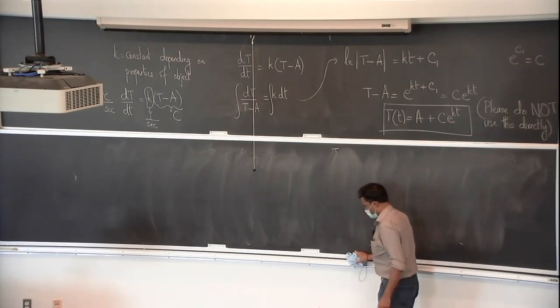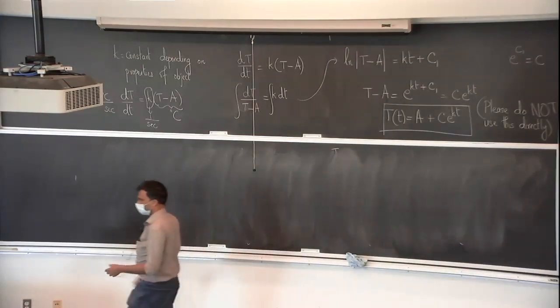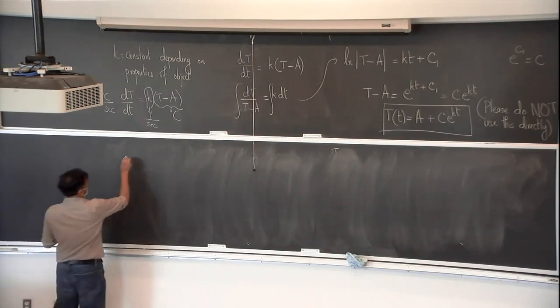All right, let's write down this problem then. Again, those who are online, please type any questions if you have, so that others can also benefit from it. So example 1.